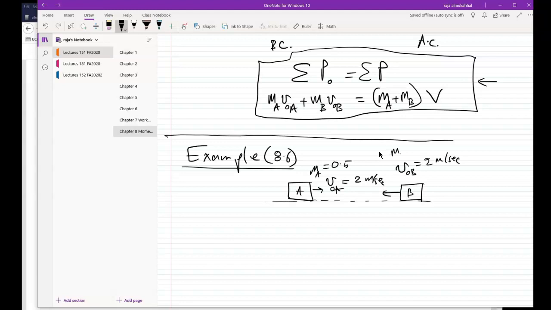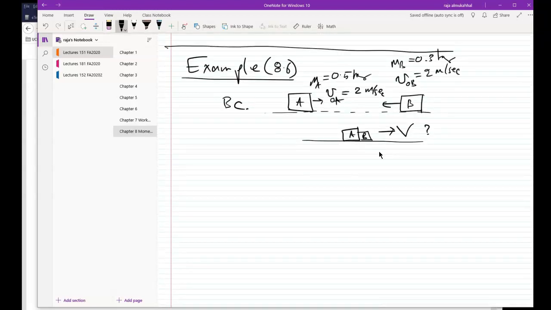And then m_B is 0.3, is that right? 0.3 kilogram, this is 0.5 kilogram. And then they both move in this direction together. I like to call it big V. Your book uses small v. And he wants to know what that common velocity is.